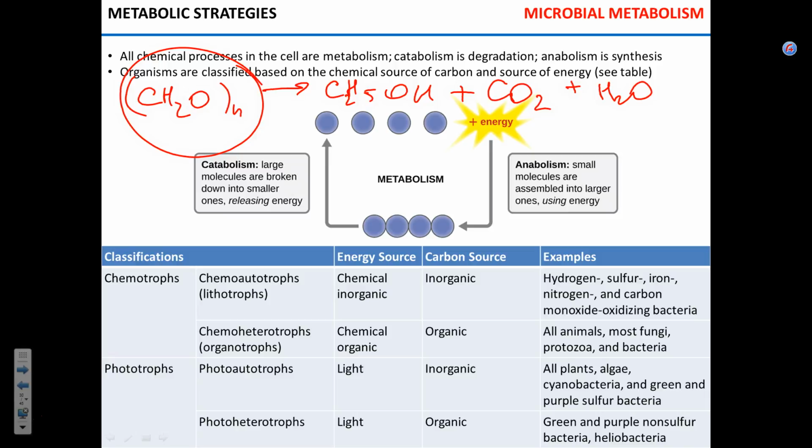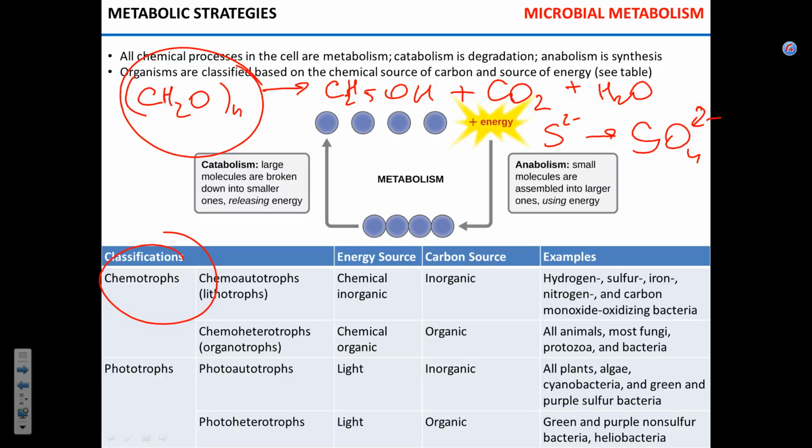If you look at the chemotrophs, sorry, not plus, it's minus. Chemotrophs will oxidize sulfide ion and produce sulfate ion. So they oxidize sulfur and sulfide and transfer electrons from sulfide to oxygen.